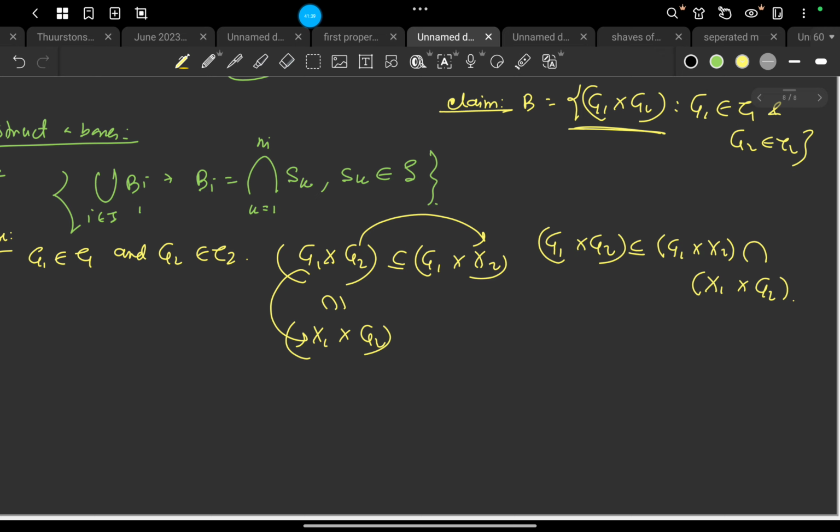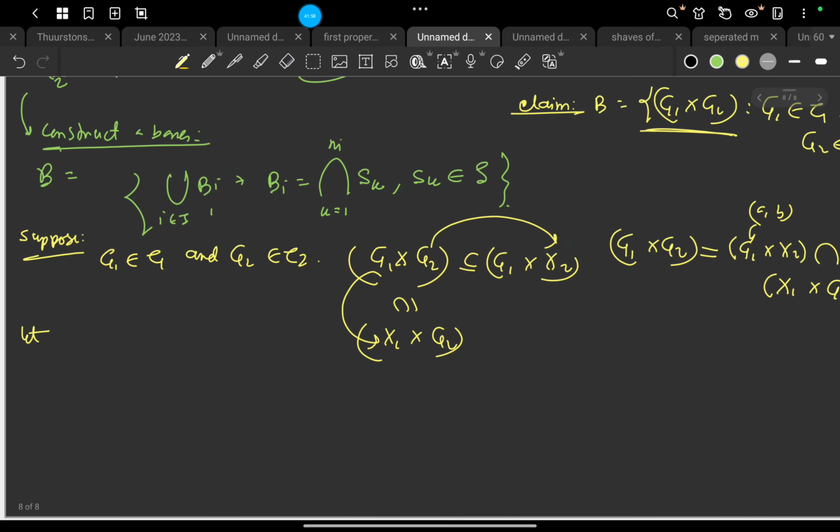Now, what about the converse? If I consider any element, let's say A comma B, from this intersection, of course A is in G1 and B is in G2, so it is basically the same. So G1 cross G2 can be written as a finite intersection of these sets.